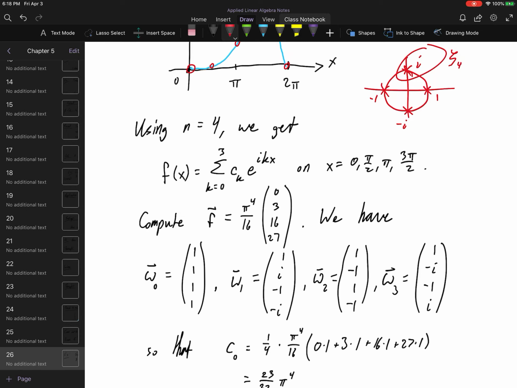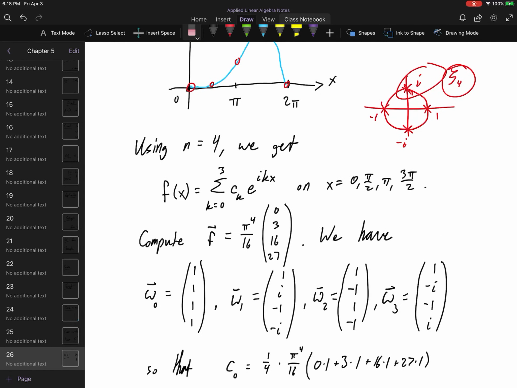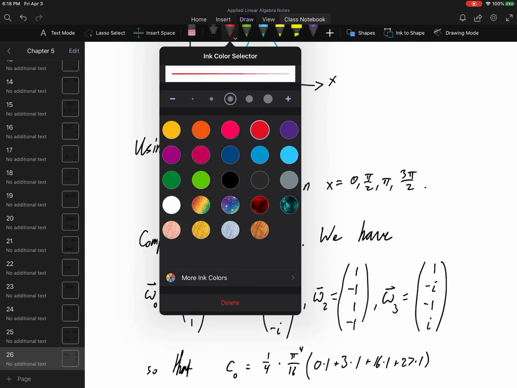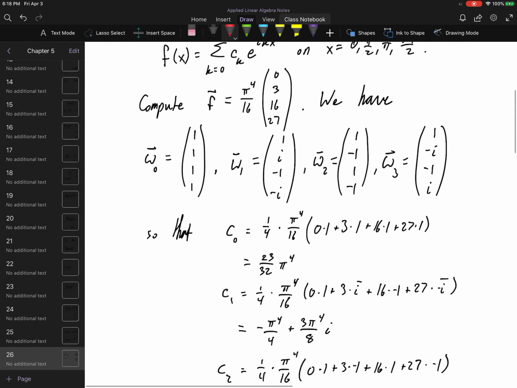I can construct my primitive omega vectors, omega 0 through omega 3, by just putting the correct powers of zeta 4 in these vectors. Let me kill that off and move down. When I do, I wind up with these four representations.